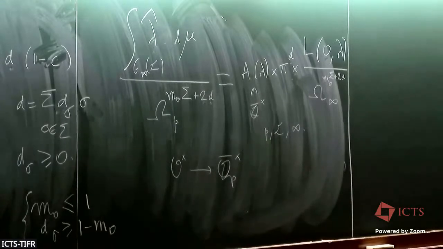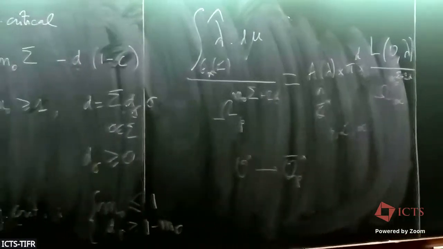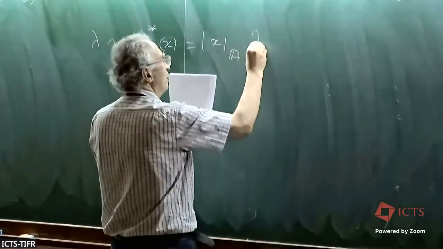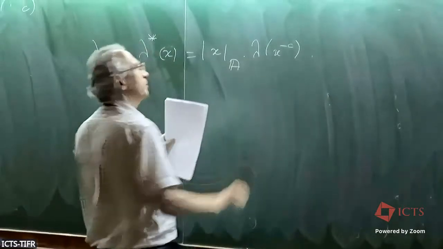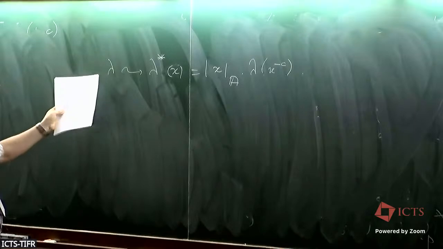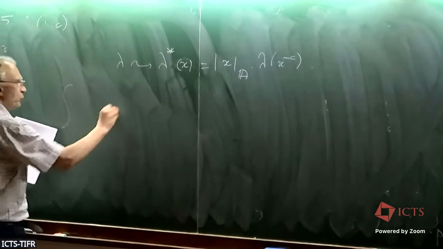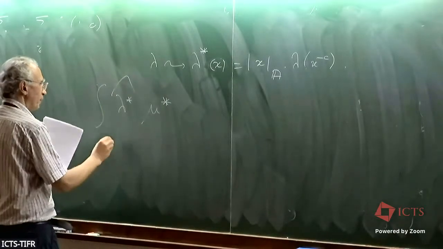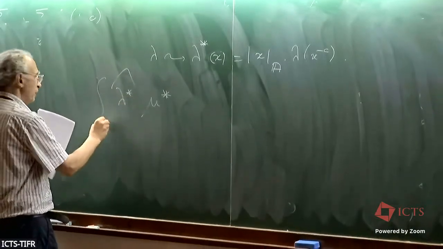So if you have a positive critical character, lambda, you can define a negative critical character by the formula: lambda star of x is the adelic modulus times lambda of x to the minus c. And this one will be negative critical if this one is positive critical.